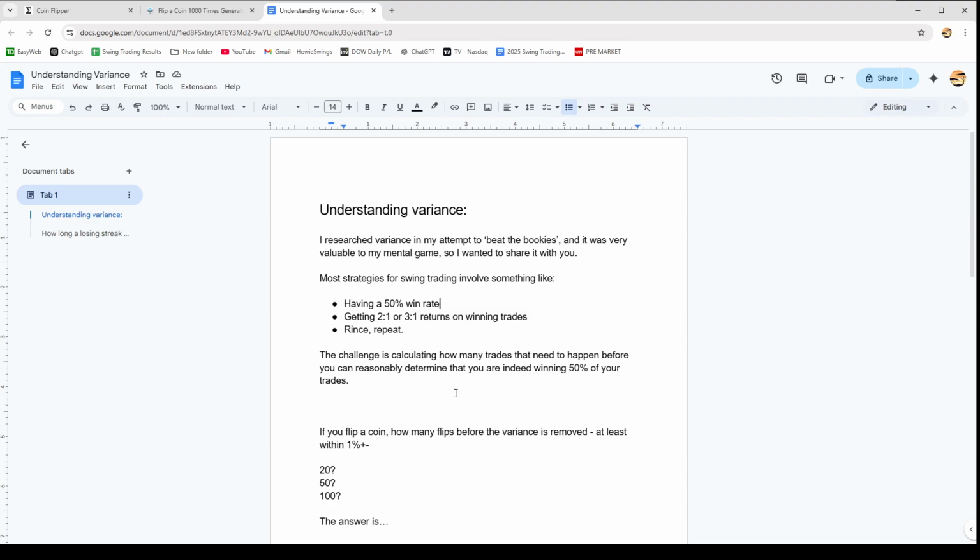If you were to flip a coin, which of course has 50-50 odds, how many flips of the coin before you can reasonably determine that the variance is removed within about 1% plus or minus? So you would say after this many flips, it'll be between 49 and 51% for both sides.